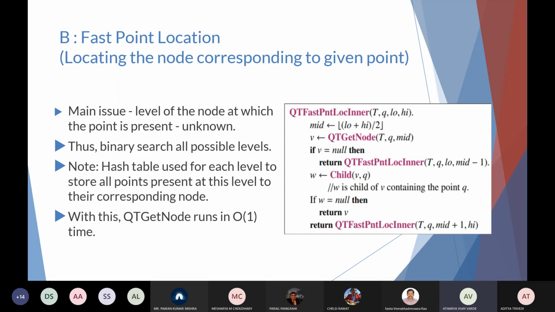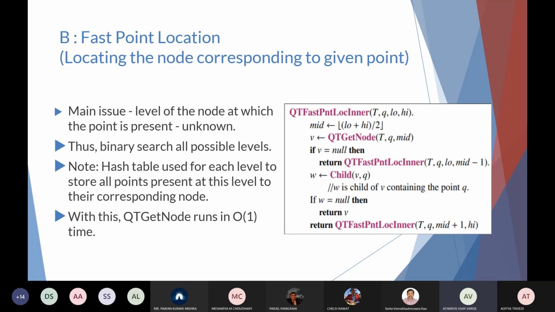So we do not know the level at which the node is present, and thus we binary search on all possible levels. Before that, an important thing to note is that we have maintained a hash table for each level. So for each level, we can tell which points are present at that particular level.